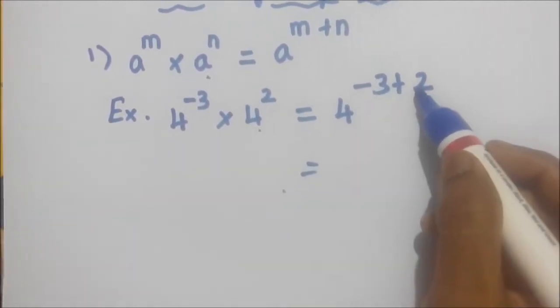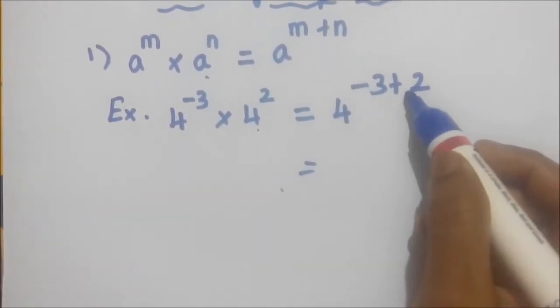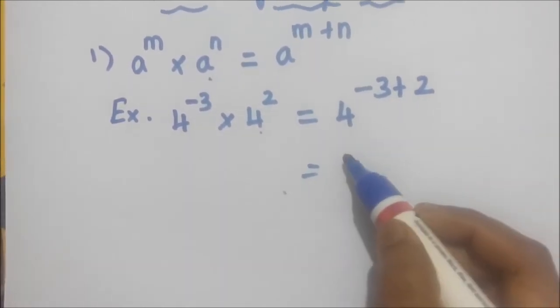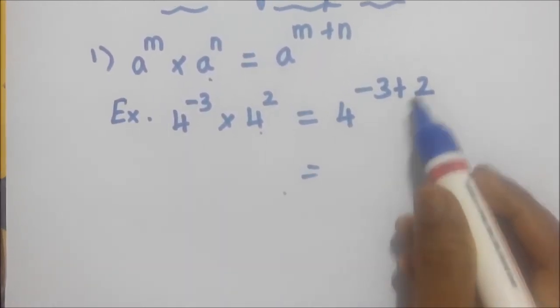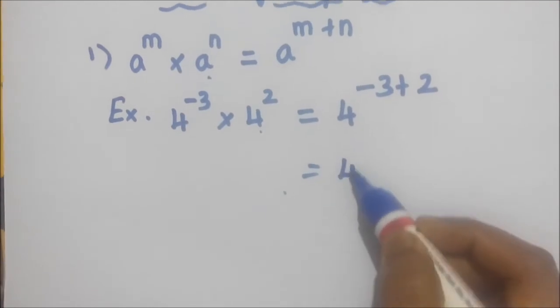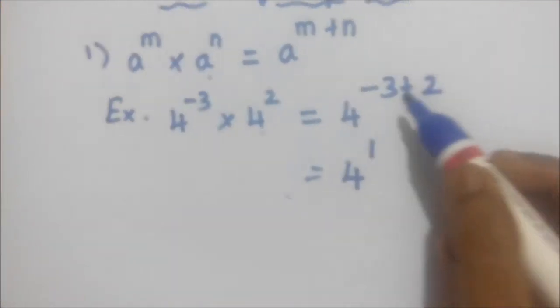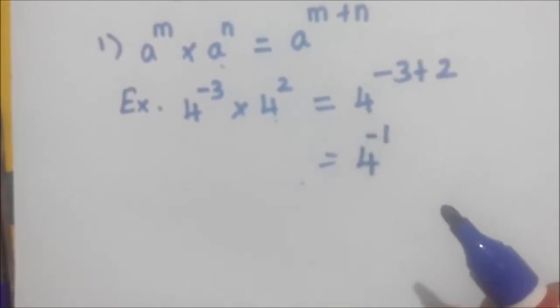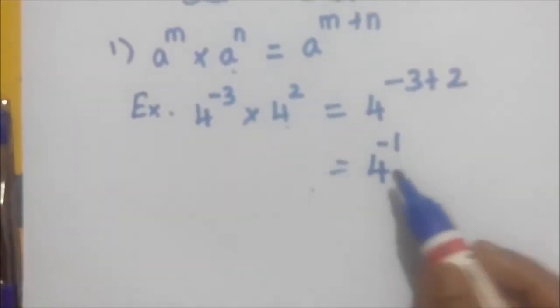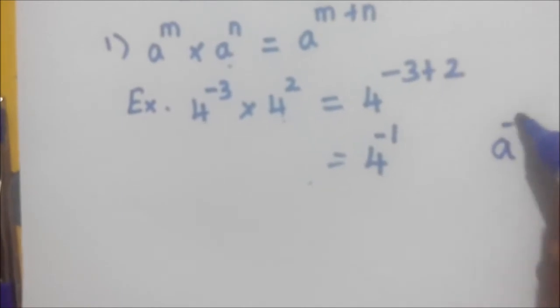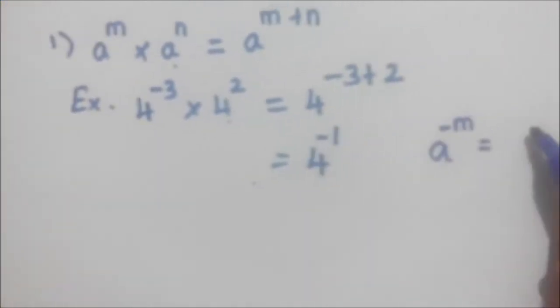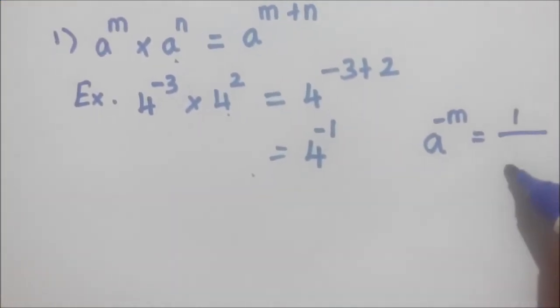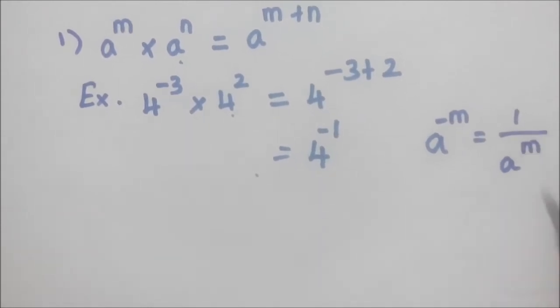See, here the signs are different, so we need to do subtraction. So 3 minus 2. 4 raised to the power 1, and the bigger number has minus, so we need to put minus. And now we know a raised to the power minus m is equal to 1 upon a raised to the power m.